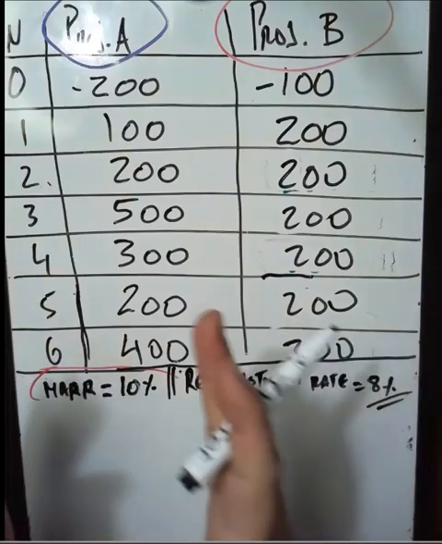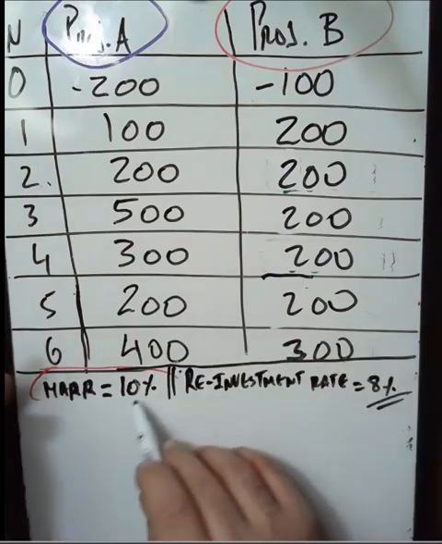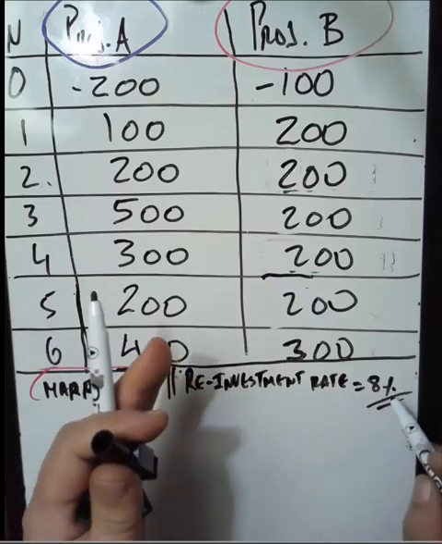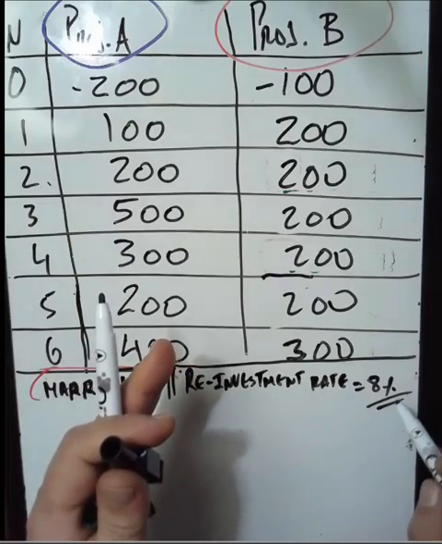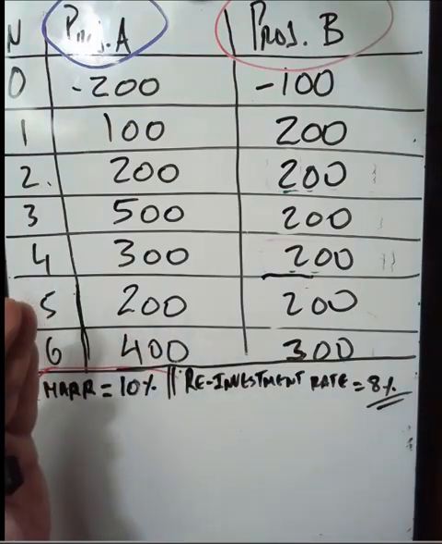This is different than the overall return of the projects. The minimum that you want in those projects is 10%. This is a rate at which you are reinvesting the positive cash flows that you get throughout the project.